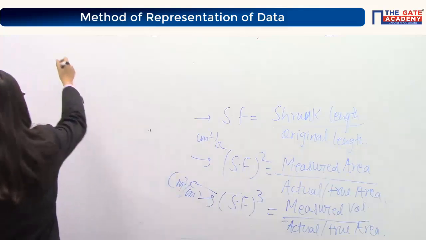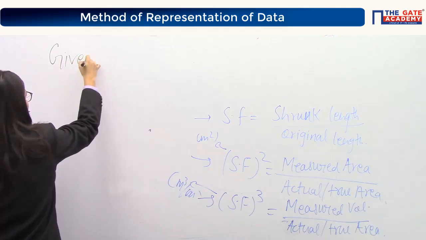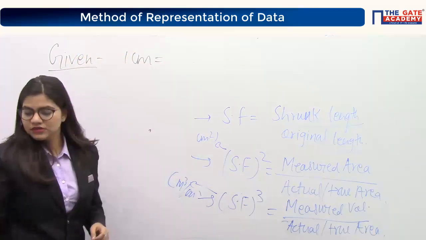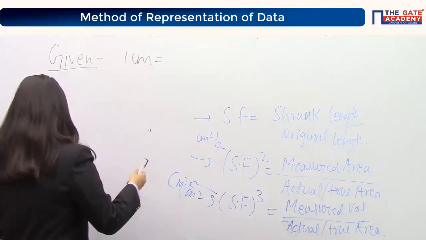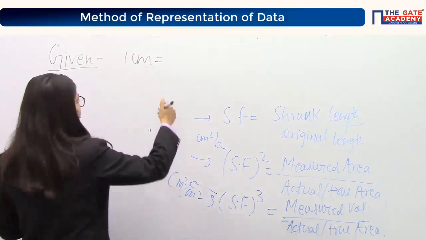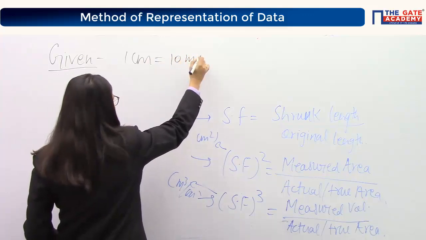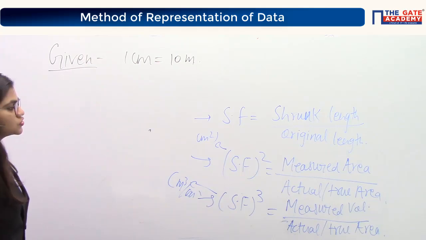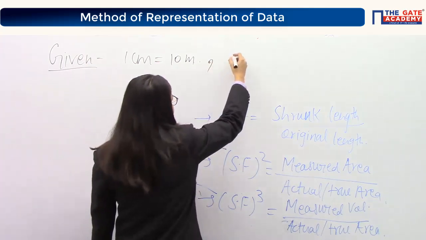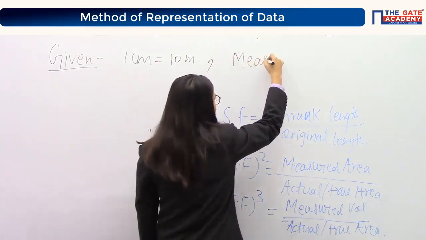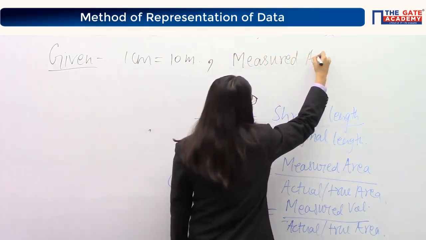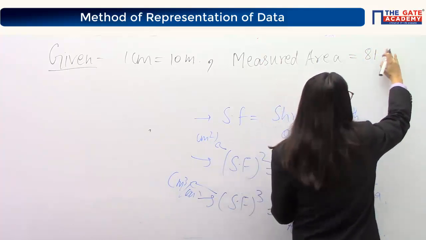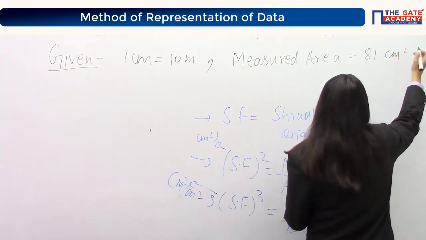Just see here what is given to you. In the question, he said 1 centimeter is how much? Let me see the question. 1 centimeter is nothing but representing 10 meter. Okay, and the area of the reduced plan, the measured area, is given as 81 centimeter square.